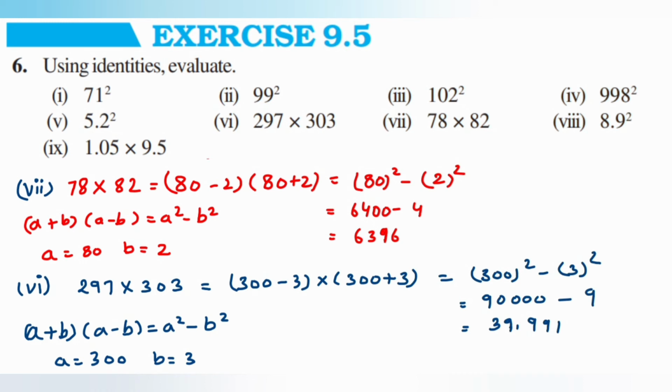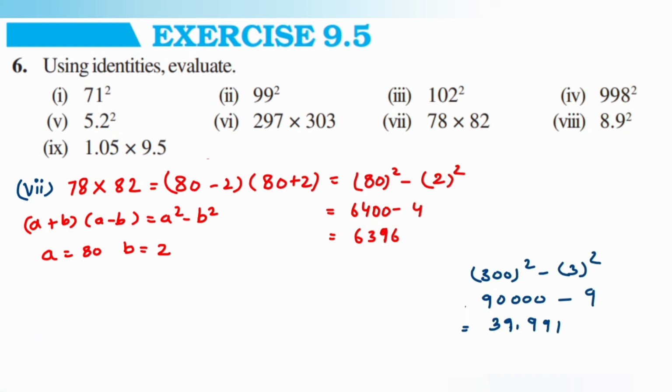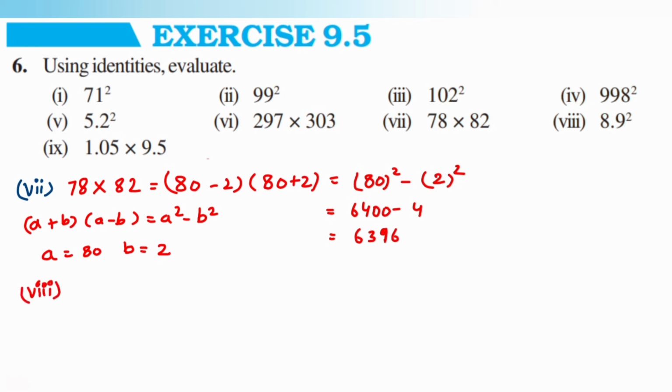It's the eighth question. Now the eighth question is different from this. Okay, so the eighth one is 8.9 whole square, but we know we can write 8.9 as 10 minus 1.1.